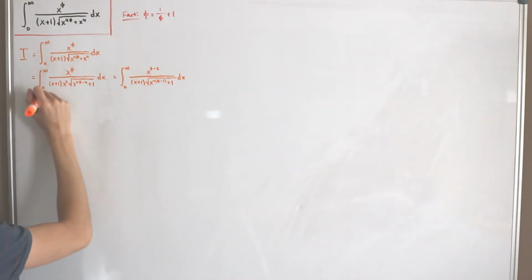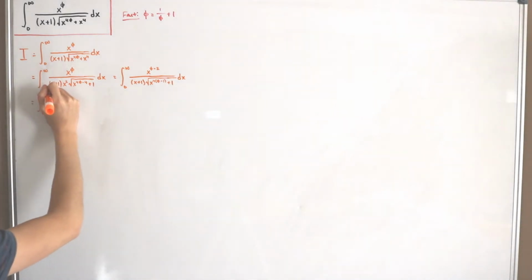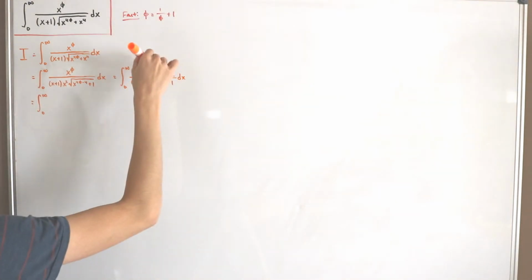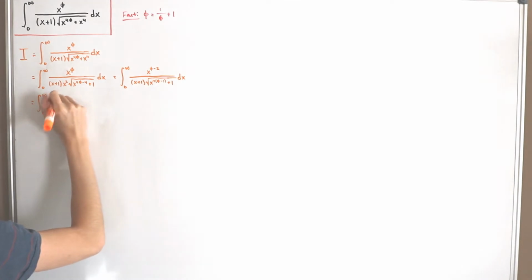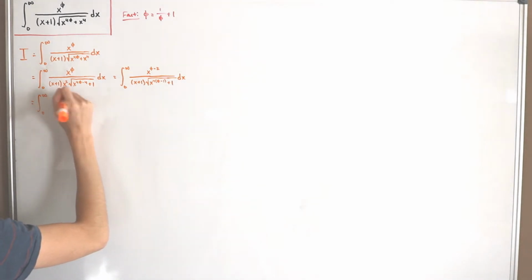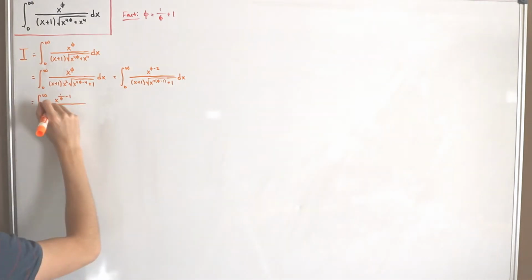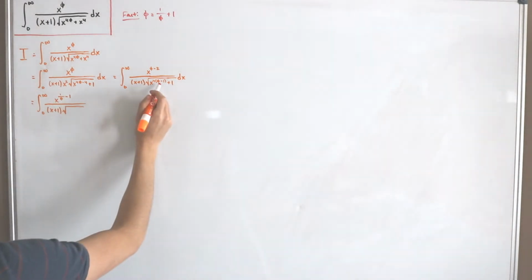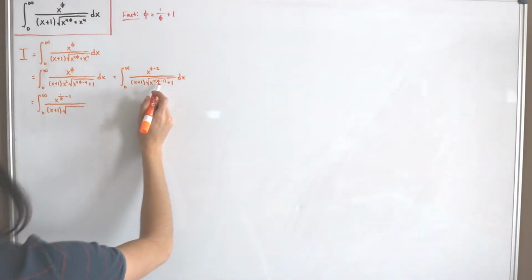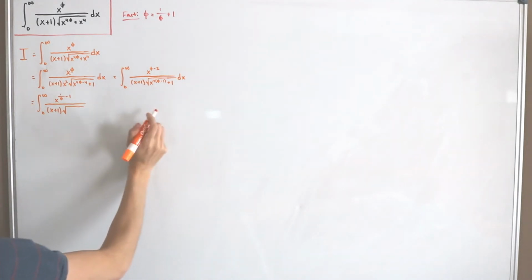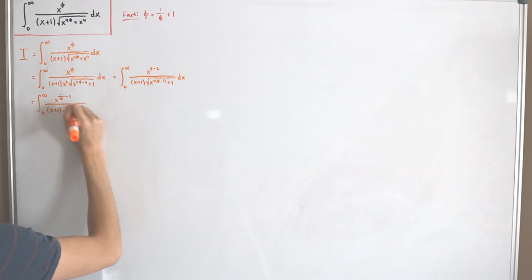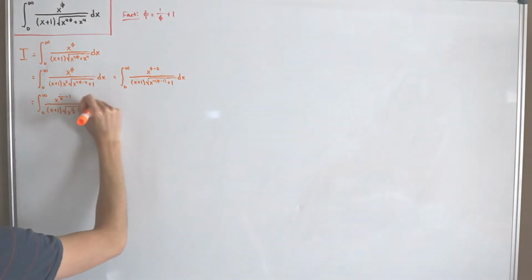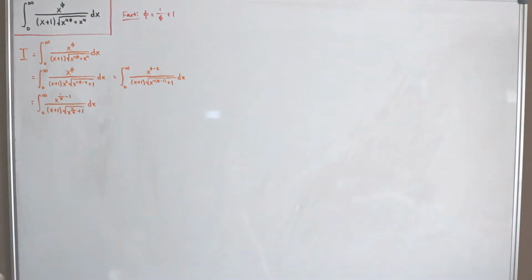The new integral is from 0 to infinity. Since there's a plus 1 here, when I subtract 2, it becomes a minus 1, so the numerator is x to the power 1 over phi minus 1. Then it's x plus 1, multiplied by the square root of x to the power 4 divided by phi, plus 1, dx.